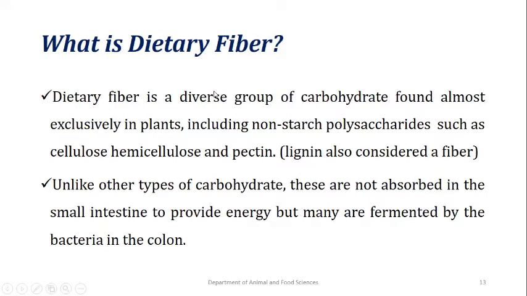Okay, then it is mentioned here that unlike other types of carbohydrates, these are not absorbed in the small intestine to provide energy, but many are fermented by the bacteria in the colon. Okay, in some parts of our digestive system, these are not absorbed but fermented by the bacteria available in our gut.